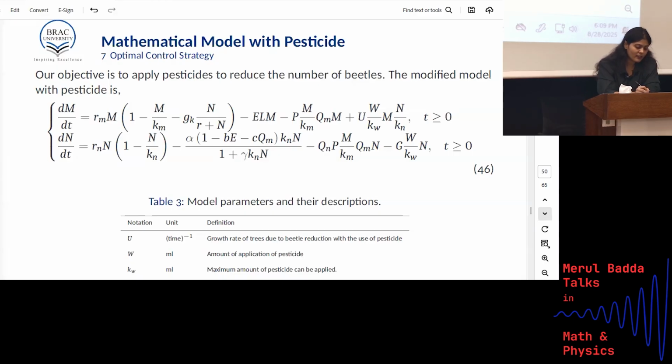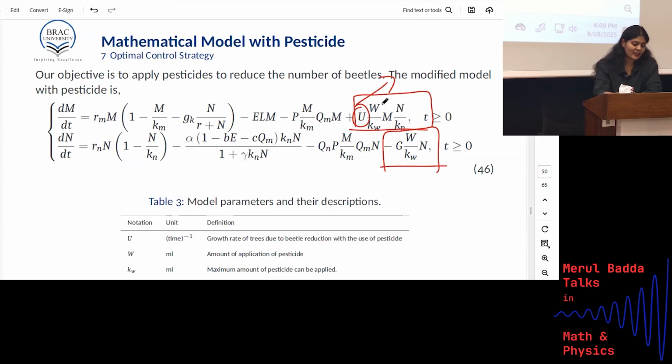So in our model, we add new variables. U is the growth rate of the tree when we reduce the beetles in our forest by using the pesticide.